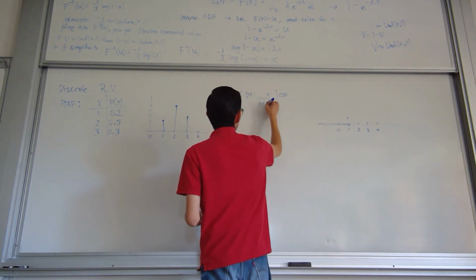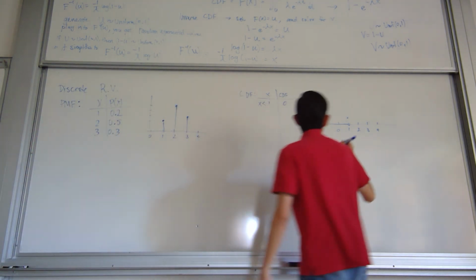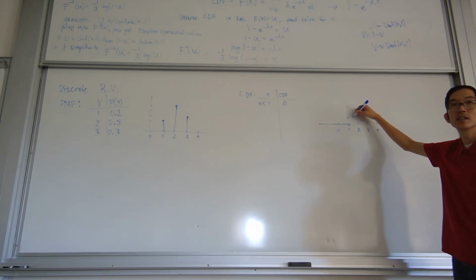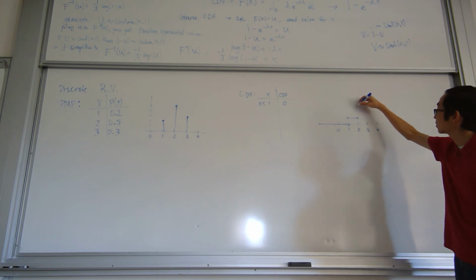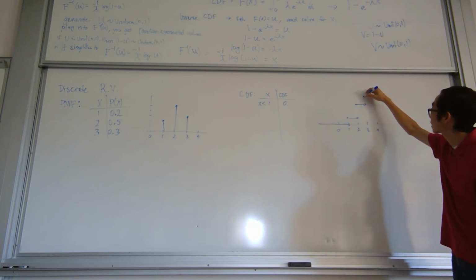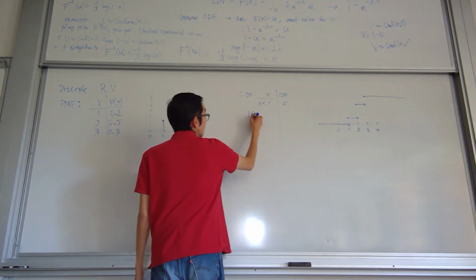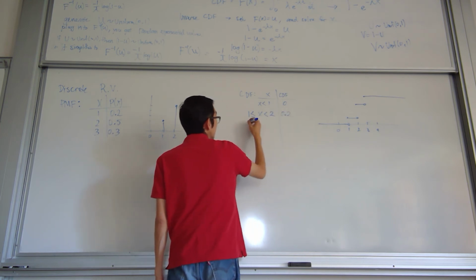So what we have is, for x less than 1, our CDF is 0. And then what's the CDF of 1.5? It's still 0.2, right? Okay. And we end up getting this, and then like that. So it's 0.2.